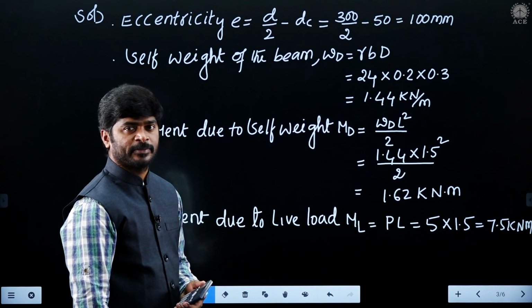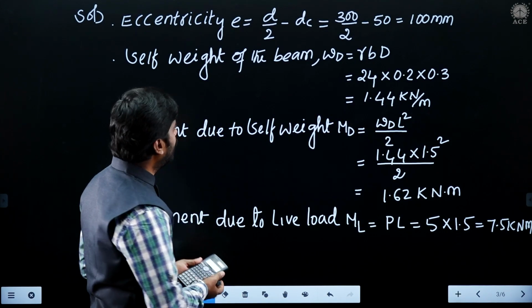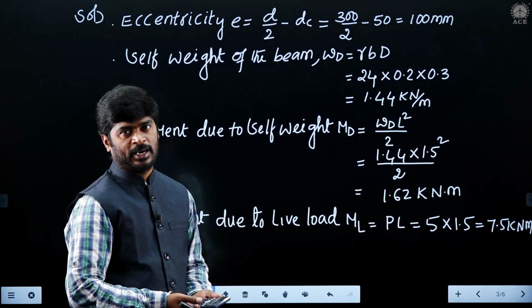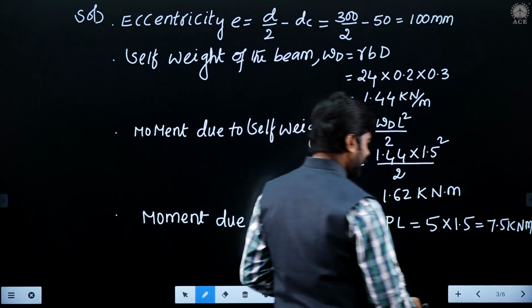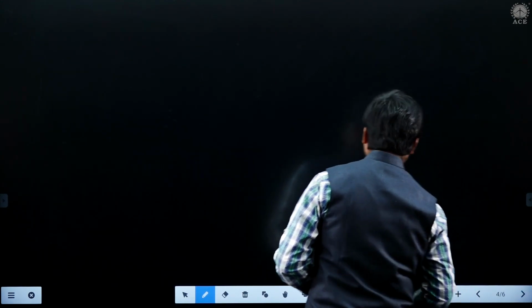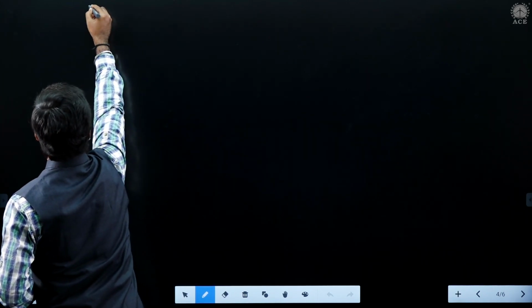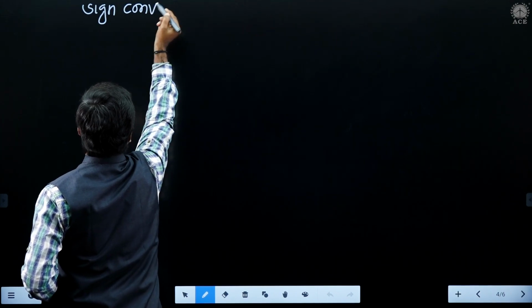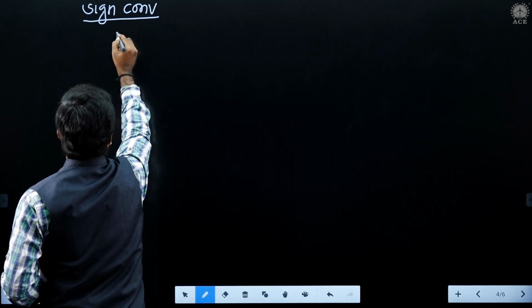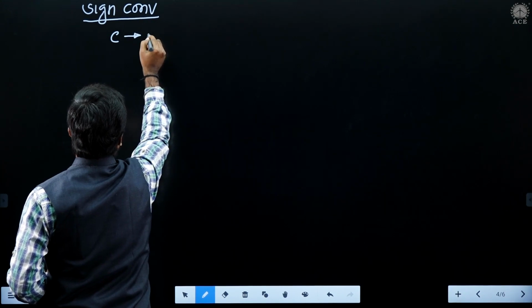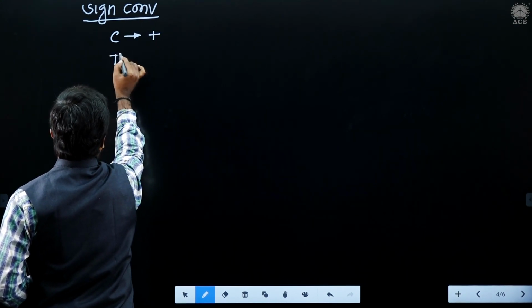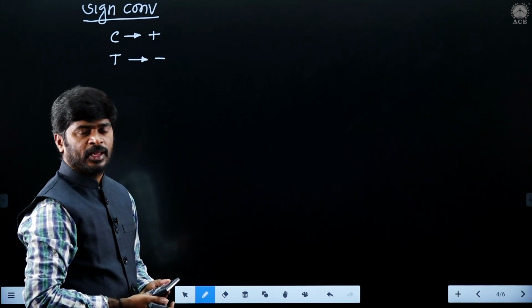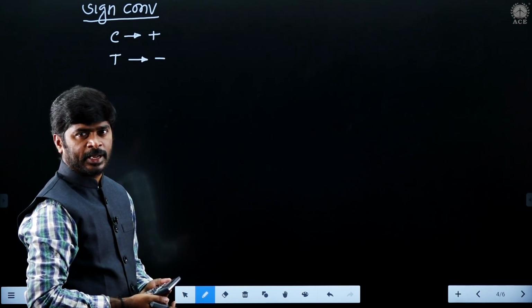7.5 kilonewton meter, okay. Now we know everything here, so easily we can calculate resultant stress at point Q. Before that, let me give the sign convention. The sign convention I follow is compression positive, tension negative, okay, right.